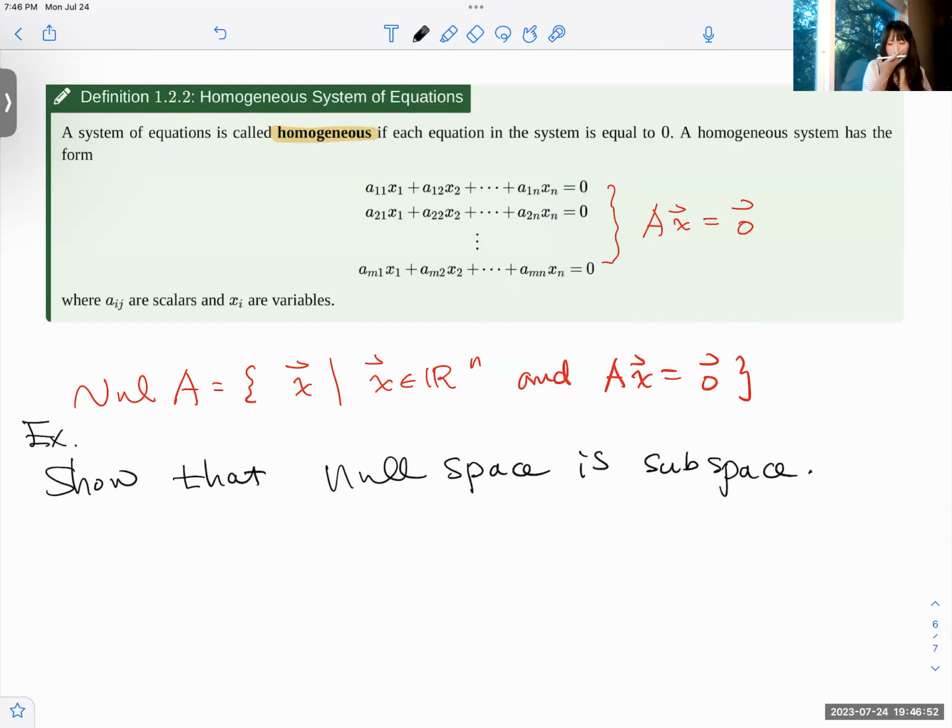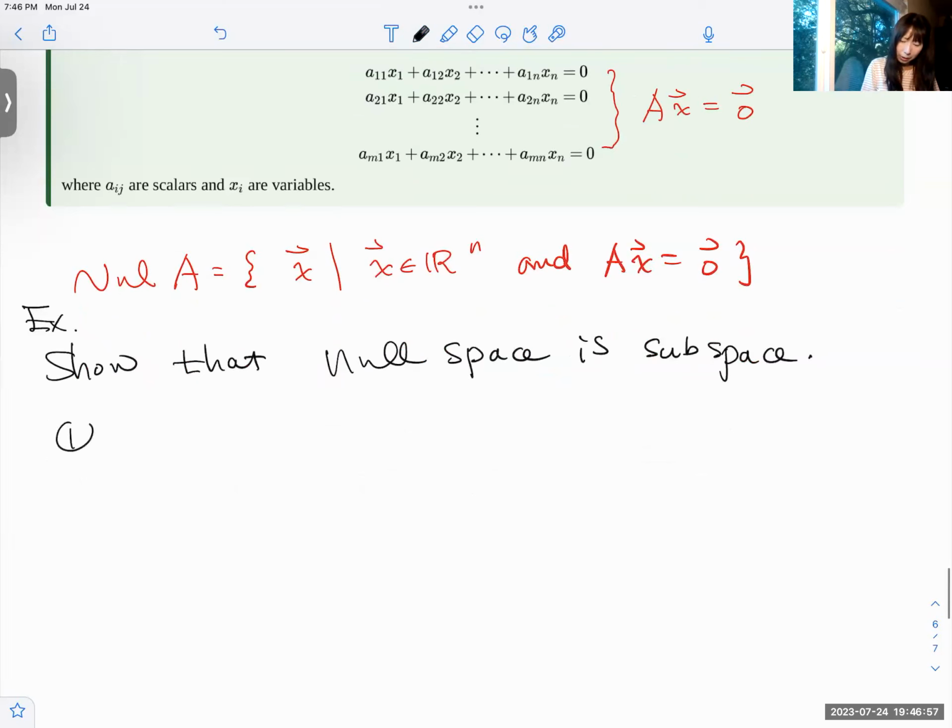Okay, so we have 0 is in the null space because we have AX equal to 0 vector, right? So we have 0 is in the null space of A.